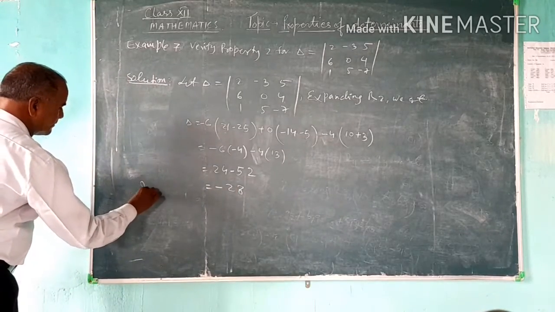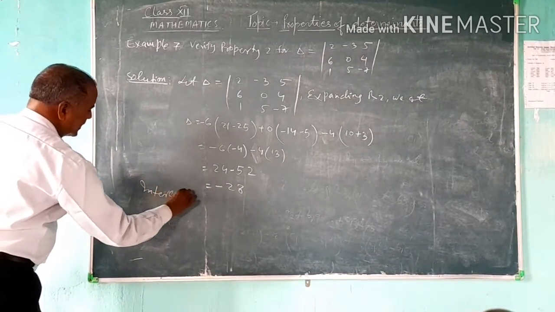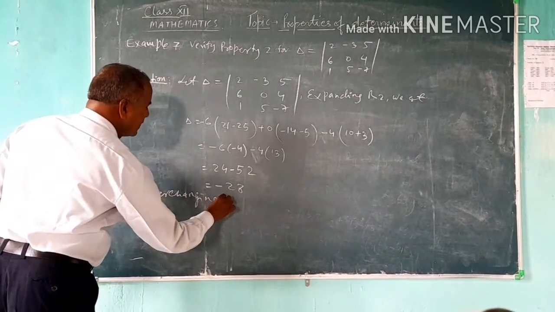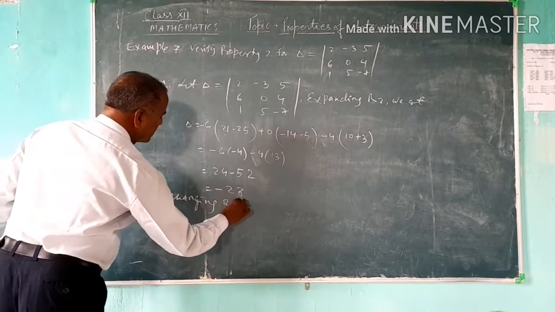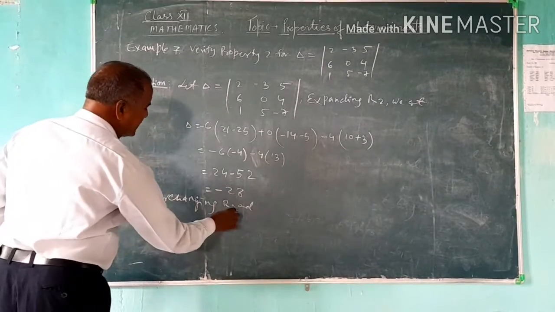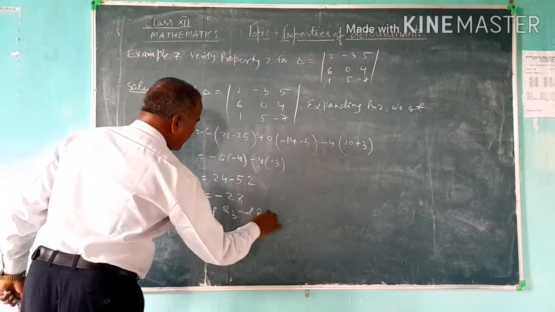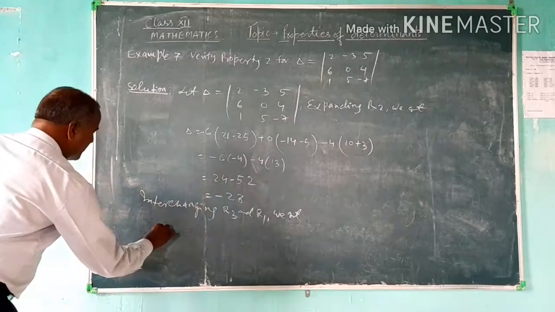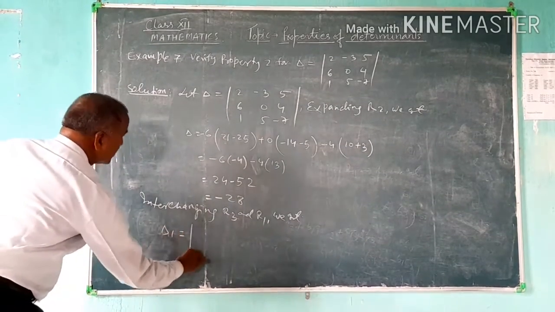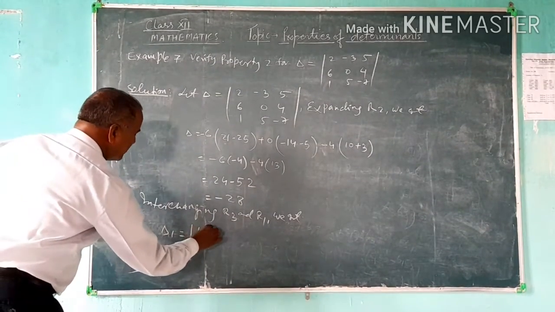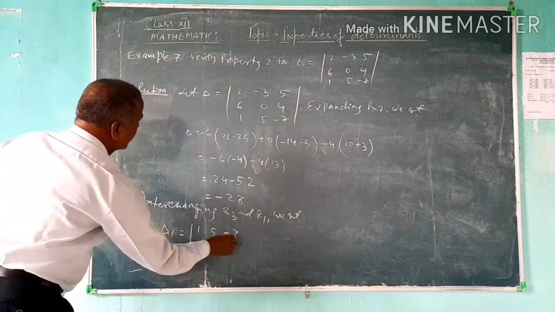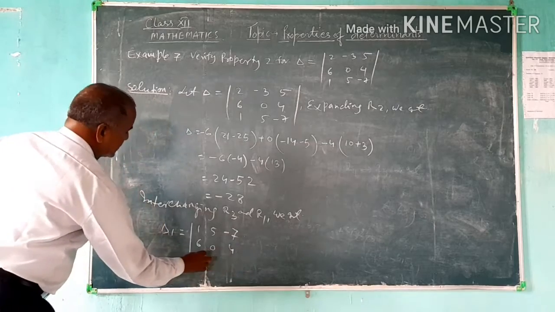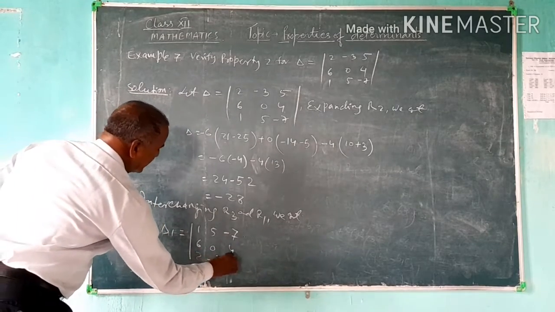Interchanging R2 and interchanging R3 and R1, we get delta 1 is equal to determinant 1 5 minus 7, 6 0 4, 2 minus 3 5.